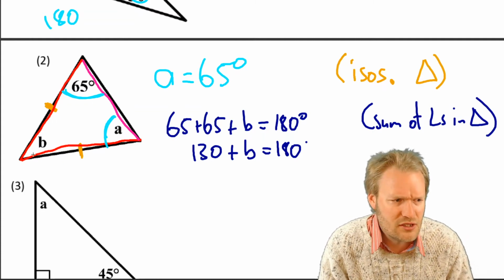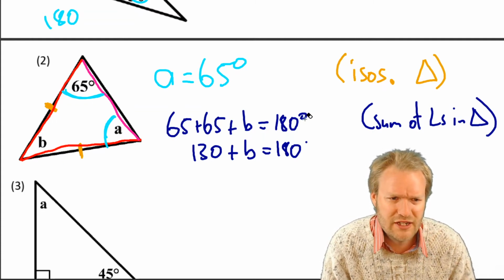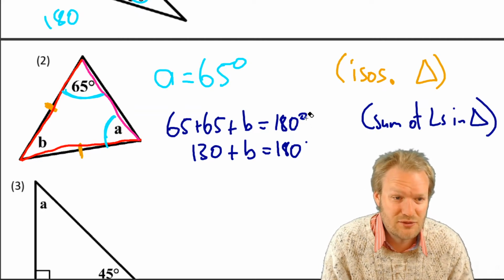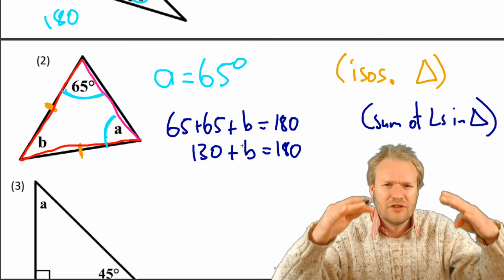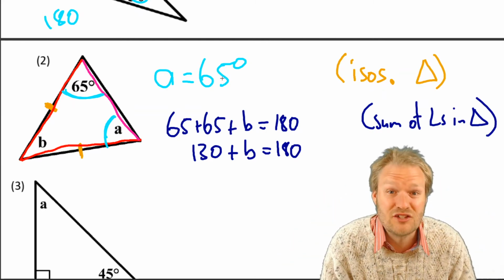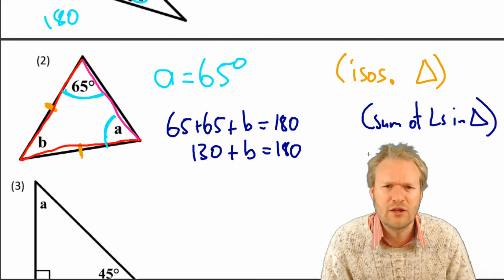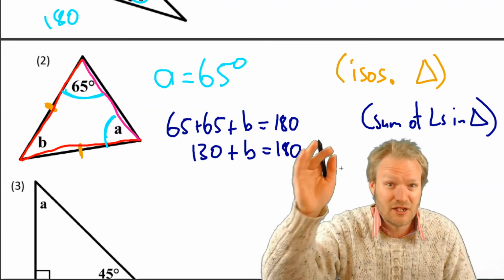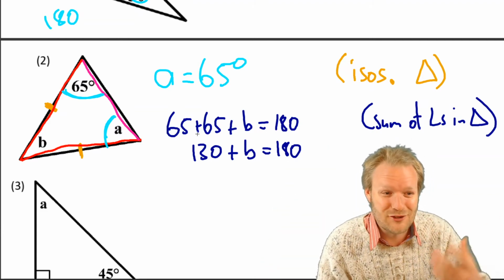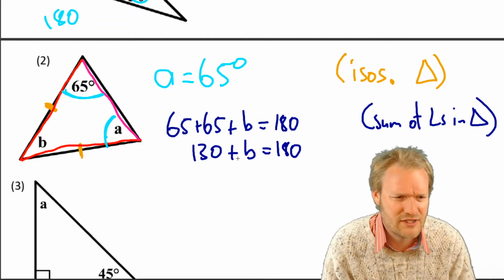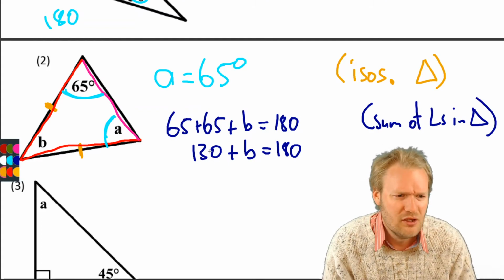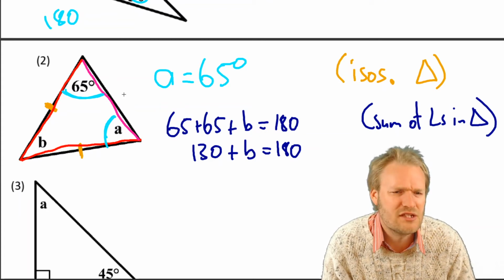While I'm on it, you'll notice I put the degrees, and then sometimes not. We do not need them while we're making the calculation, but in our final answer we'll show our units. If you're working with centimeters, you don't put centimeters all the time, but in the end you put it. The same with the degrees; you don't have to put them for every step. Then we needed to subtract 130 from 180.